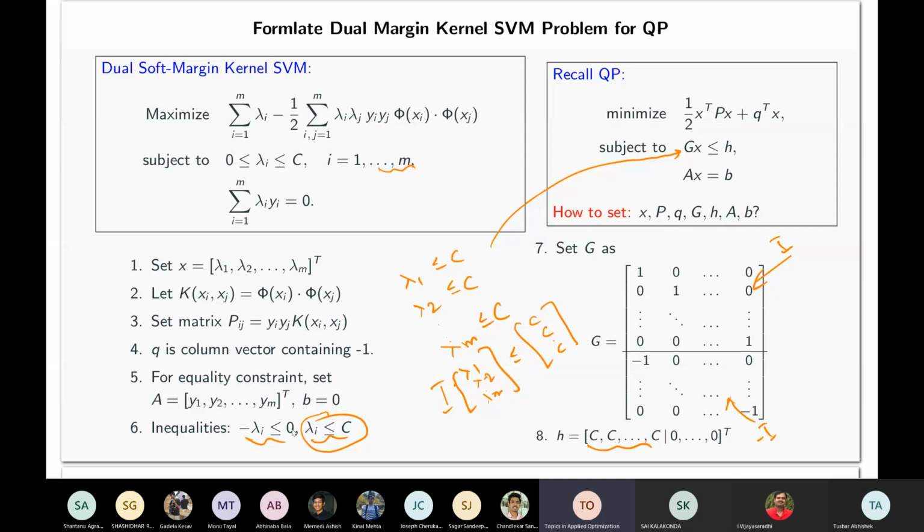So the negative identity times the lambda vector, or in our case the x vector, is less than or equal to 0. That will produce this. So overall, G times x will be less than or equal to h with this choice of h.